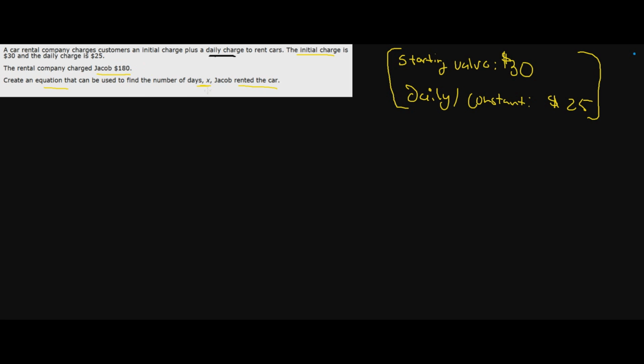First things first, they tell us x, so x is the number of days. And we'll let y, it could be any variable, be the total charge of renting the car.